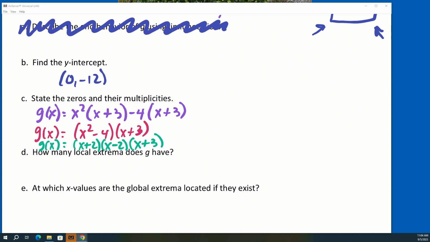And then after you factor by grouping, it is still going to have a difference of squares in it. And each one of these zeros is going to have a multiplicity of 1.